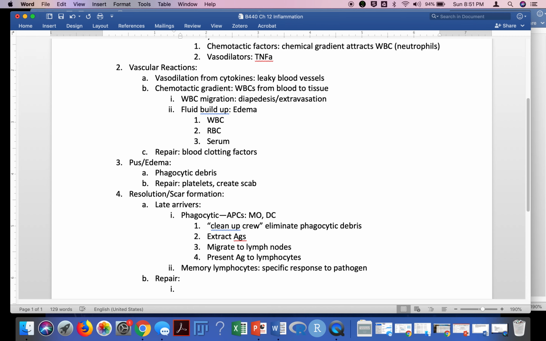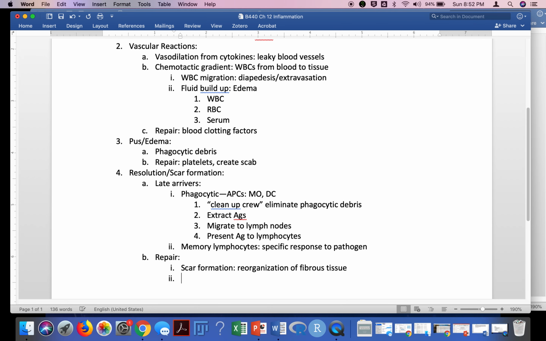We have reorganization of fibrous tissue, which is scar formation. And we have repair of blood vessels, and that's angiogenesis. And then we're done.